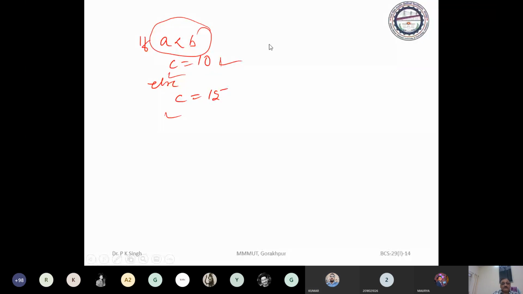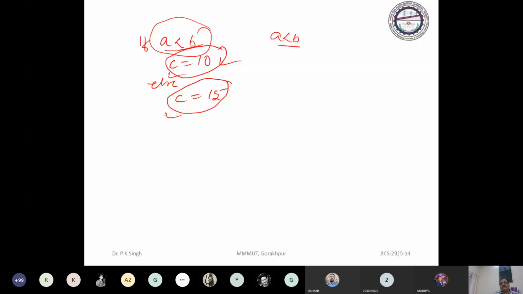Just see, if A is less than B, C is equal to 10, else C is equal to 15. Okay? This is a control structure. In this structure, the assignment to C depends upon this predicate, A is less than B. If A is less than B, then the value of C will be 10.